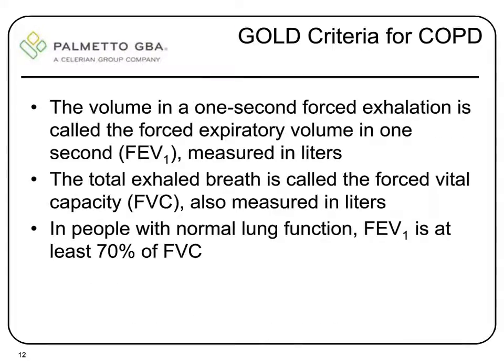The volume exhaled in 1 second of forced exhalation is called the forced expiratory volume in 1 second, or FEV1, measured in liters. The total exhaled breath is called the forced vital capacity, or FVC, also measured in liters. In people with normal lung function, the FEV1 is at least 70% of the FVC.